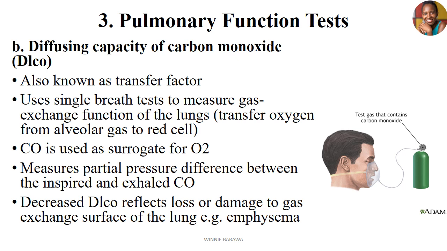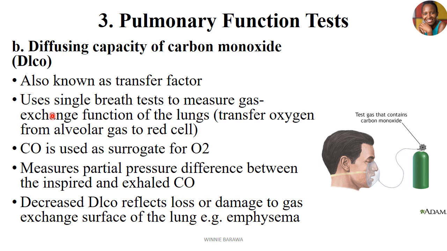Then we have the second test that can be done for pulmonary function testing, that is the diffusing capacity of carbon monoxide, written as DLCO, okay? DLCO is also known as the transfer factor.